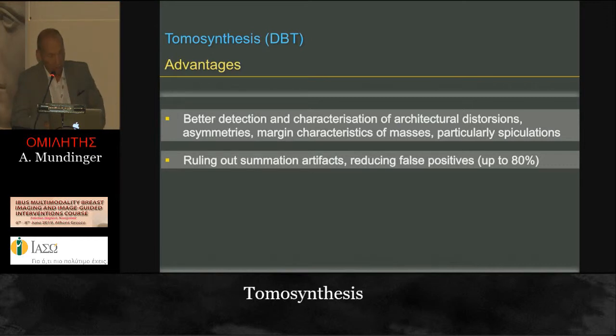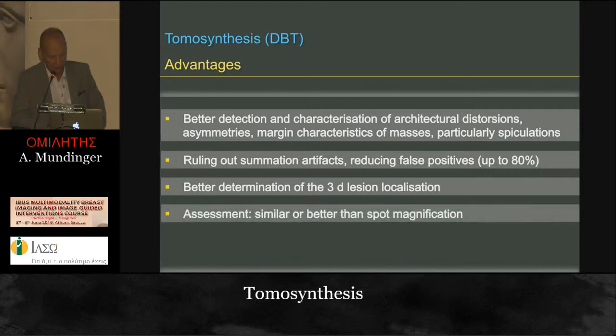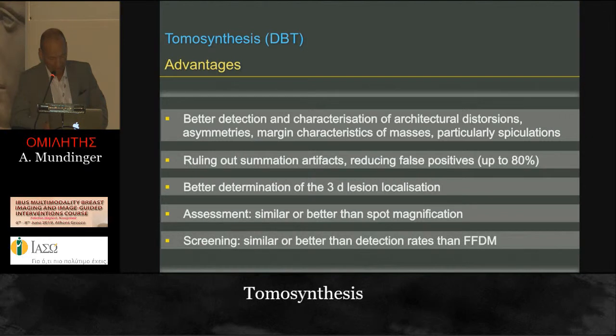Then we can rule out summation artifacts, which reduces the false positives and which reduces the recall rates. We have a better determination of the 3D localization, and the assessment setting shows us similar or better results than spot magnification. So in screening we have similar or better results.